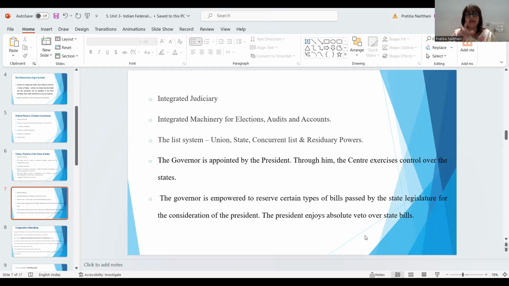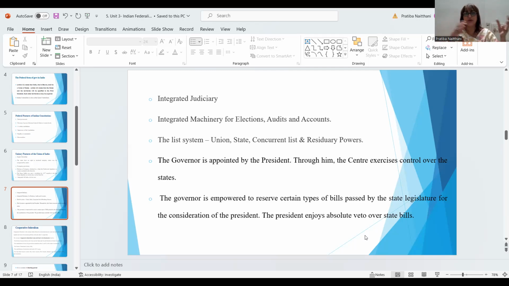And therefore, the 99th Amendment, which was a new law, a new act of changing the system of collegium and introducing the system of NJAC, National Judicial Appointment Commission, this law was struck down by the judiciary. So that's one example of judicial review.